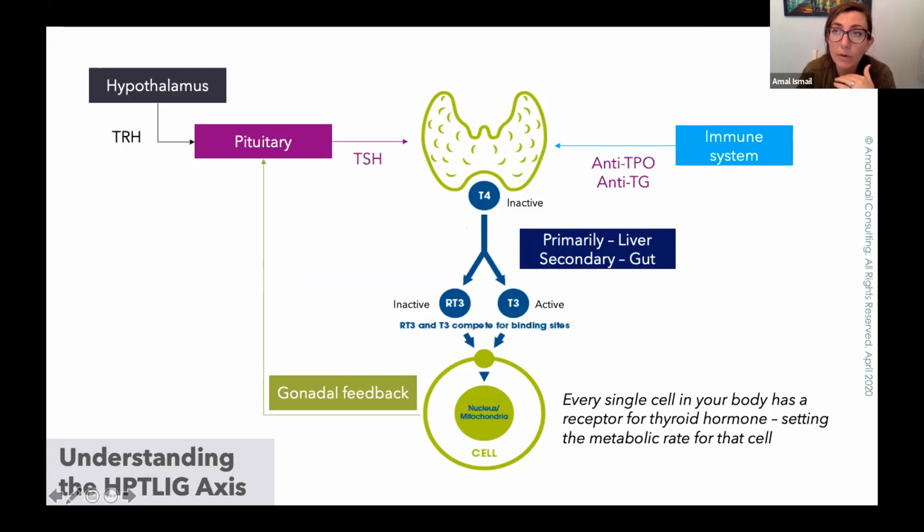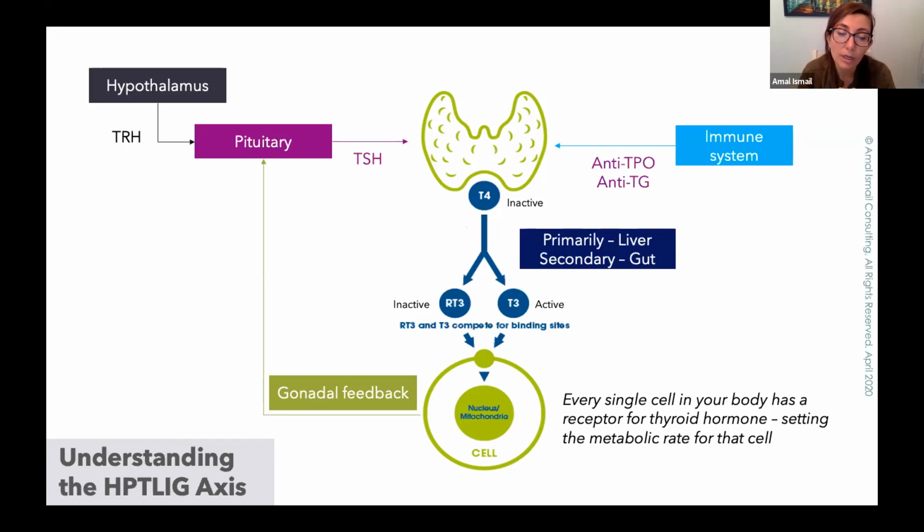So essentially your body depends on the availability of thyroid hormone in order to set its own metabolic function. Every organ, every cell in your body has its own metabolic rate, and it uses the T3 as a gauge in terms of activating that. And that basically occurs through the mitochondria, which is the powerhouse of the cell that creates the energy.